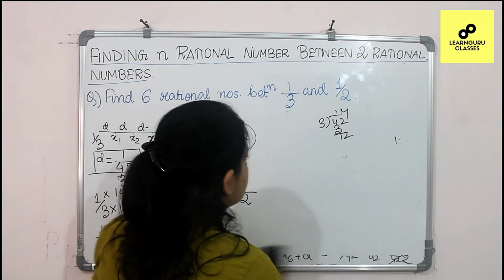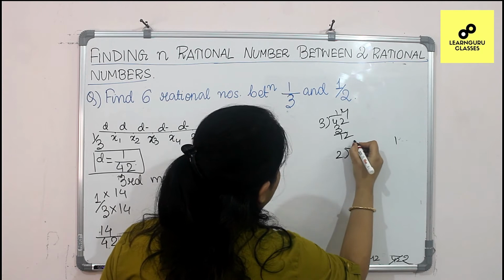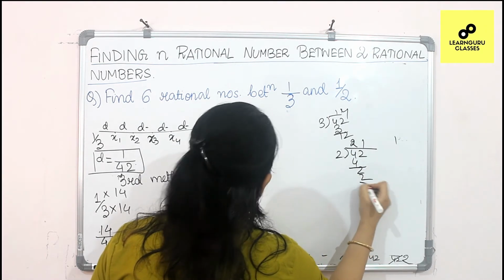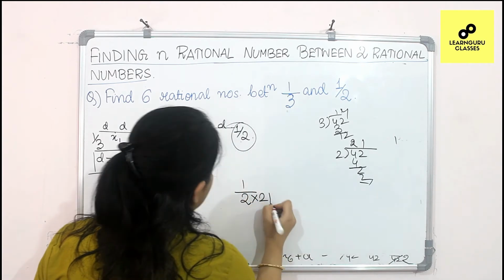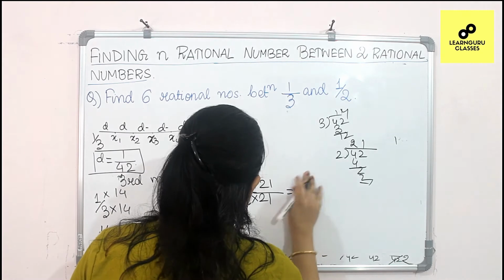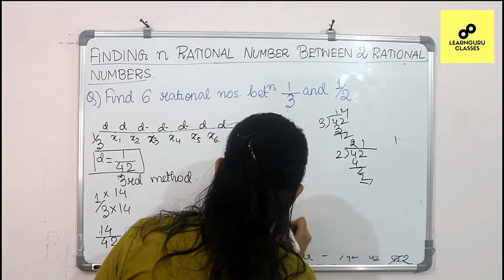And for this 42, if you divide by 2, 2 twos are 4, 2 ones are 2. So you will be multiplying it with 21. So here you are getting 21 by 42.